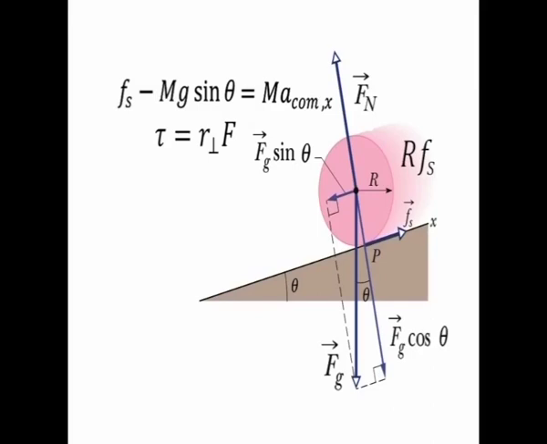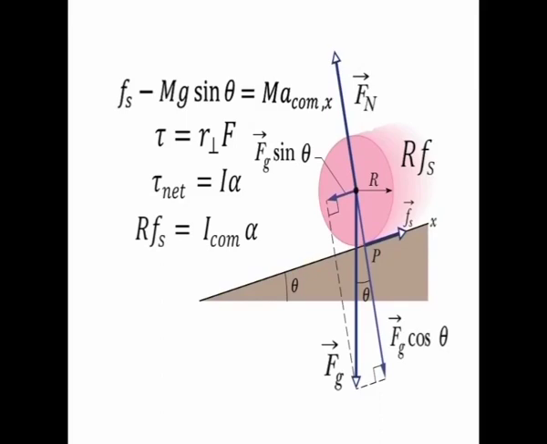Forces Fg and Fn have zero moment arm about the center of mass and thus produce zero torques. So, we can write the angular form of Newton's second law, tau net is equal to I times alpha, about an axis through the body's center of mass as r Fs is equal to I_COM times alpha.